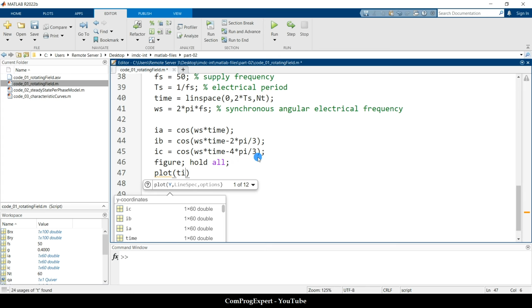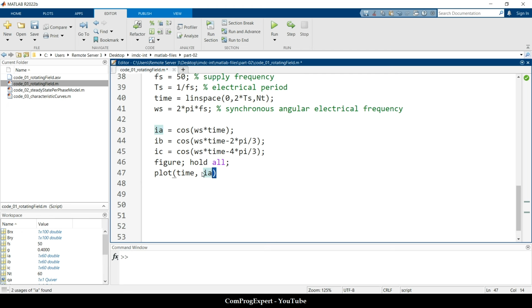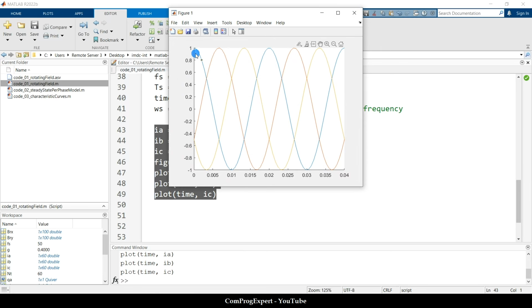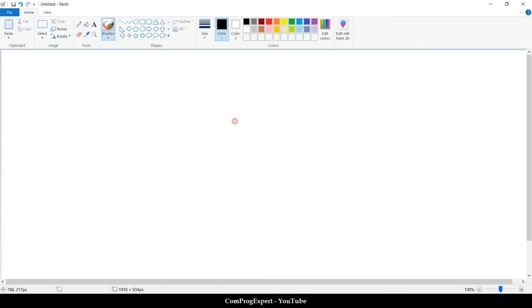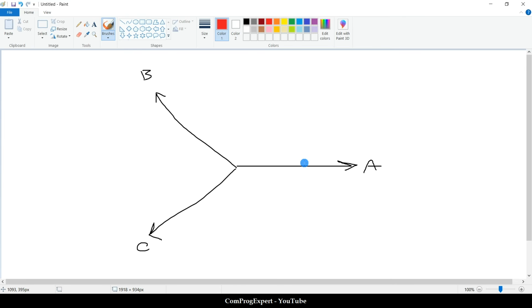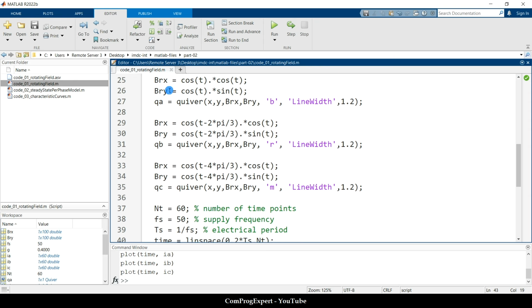Plot time and IA, the current of the phase A, B, and C. As you can see, here is the current of the phase A, phase B, and phase C. So when we have three phases, this is the phase A, this is the phase B, this is the phase C. When we have the peak value here first, and then the peak value for the current here, and then here, we should have this rotating field. So I can modify these graphs.